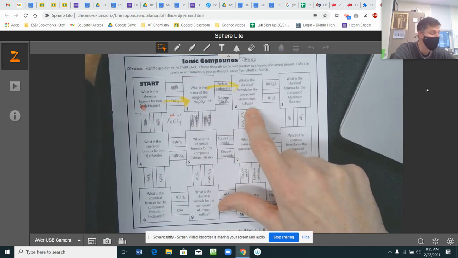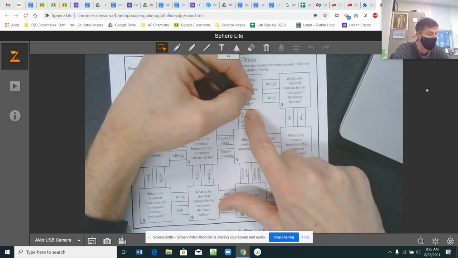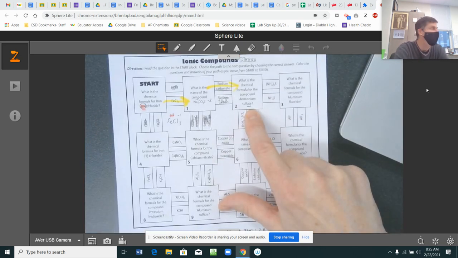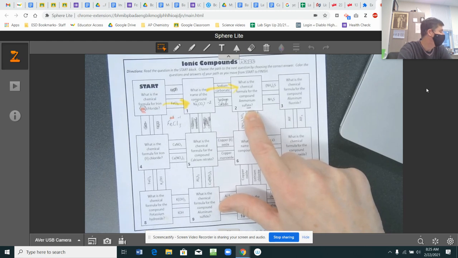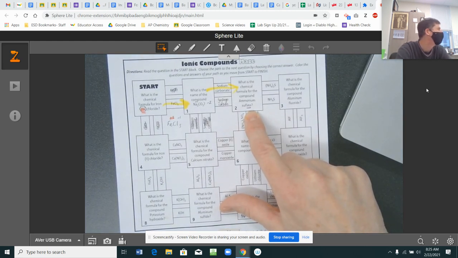Chemical formula for aluminum sulfate. Did you guys figure out where we find things that end in 8? It really speeds things up once you make this connection. At the bottom. Anything that ends in 8 is a polyatomic ion.